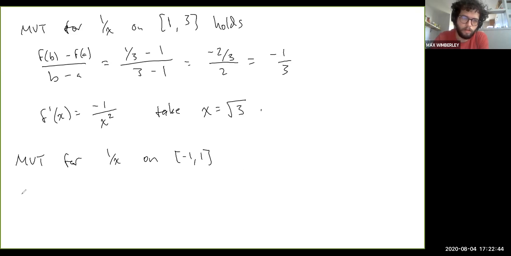So f of b minus f of a over b minus a. That's just 1 minus -1 over 1 minus -1. So this is just 1. And so, oh yeah, but the derivative is always negative, right?